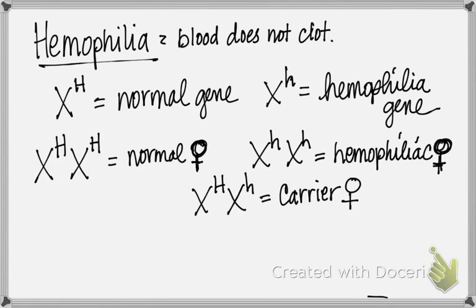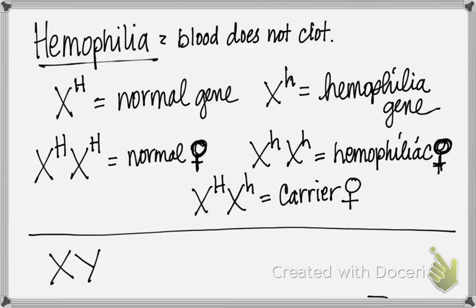Let's make sure we understand this. For males, a male is not XX. What is he? XY. If a man is normal, he's not a hemophiliac. What does he have on his X?